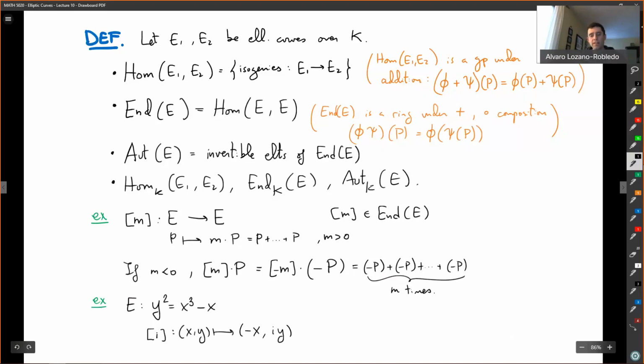You see that if I replace x by minus x, then the right-hand side is multiplied by minus 1. And if I multiply y by i, when I square, I also get minus 1, and this becomes an endomorphism. So i also belongs to the endomorphisms of this particular elliptic curve E. This is a very particular endomorphism that appears in that elliptic curve, but it's not something I can do for just any elliptic curve. We'll talk more about elliptic curves with these sorts of extra endomorphisms in a moment.